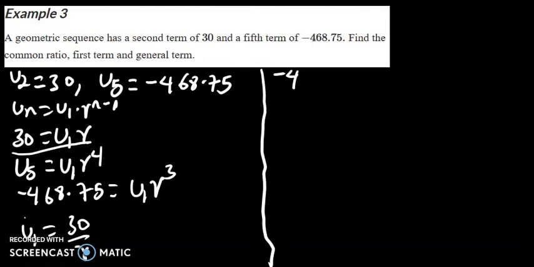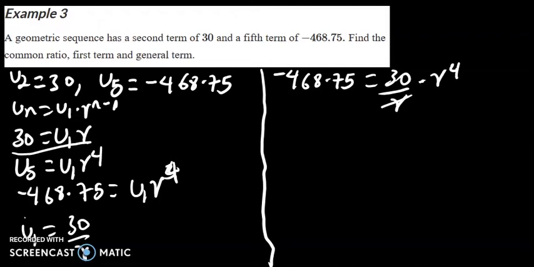So minus 468.75 equals 30 over r, times r to the power 4. So this cancels out with one of these, leaving minus 468.75 equals 30 r cubed.